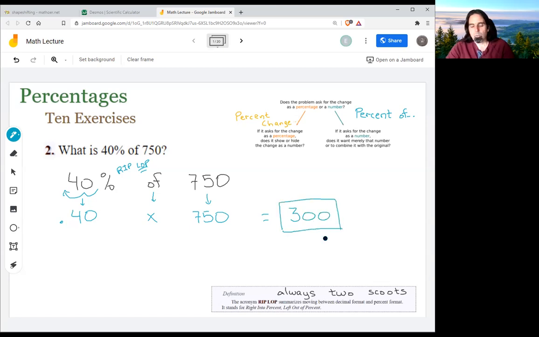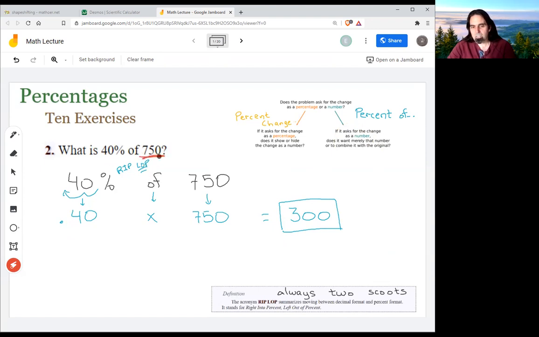Before I put the box around, I want to double check what's happening here. Does it only want that change, only want the percentage, or does it want it to combine it with the original? In this case, all we wanted was the 40%. But the problem could have asked that we earned 40% on an investment. What is the new value?